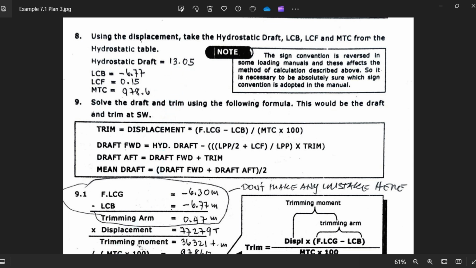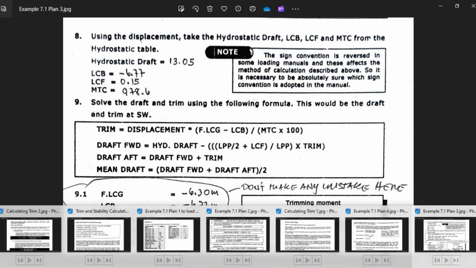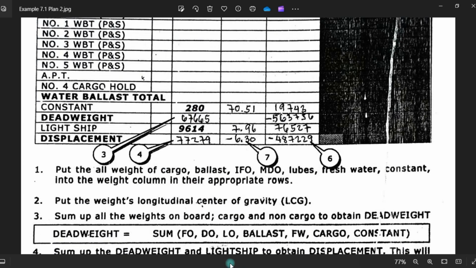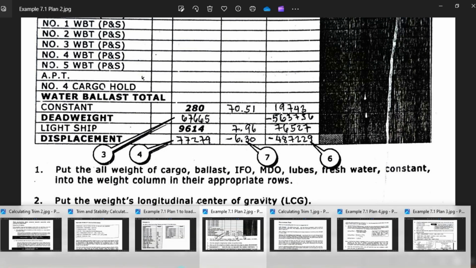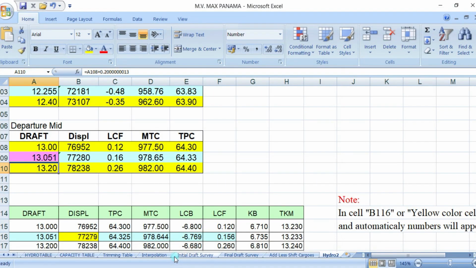How much is the draft, for 77279? Okay, 77279. Enter. This corresponding draft will be 13501.